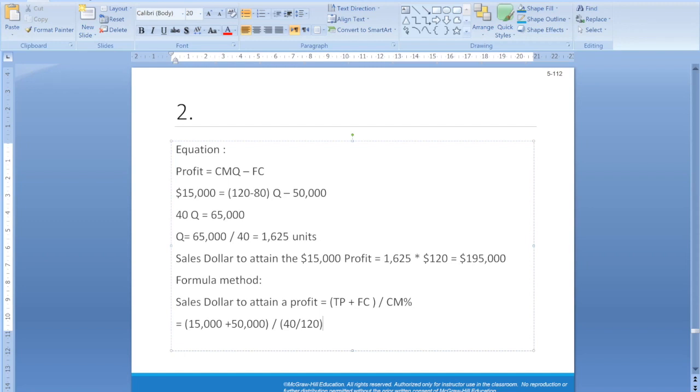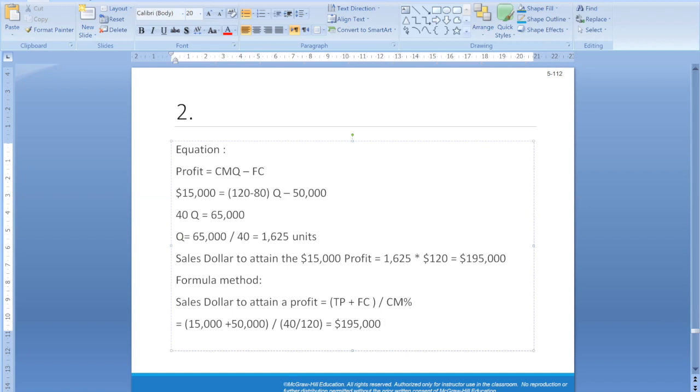If we use the full number for the contribution margin ratio, 65,000 divided by 0.333 equals $195,000.